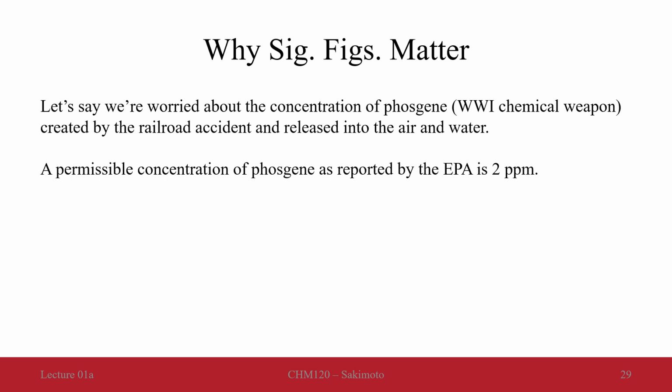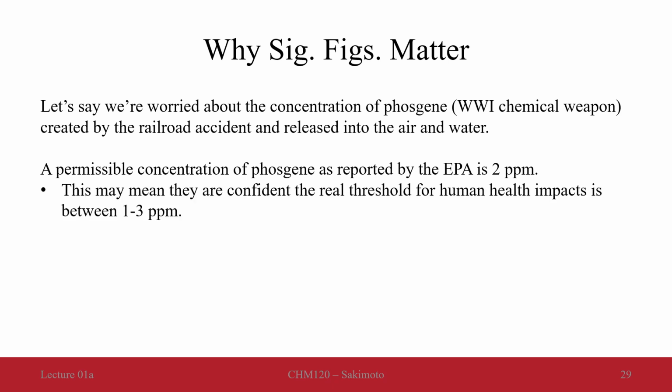So this represents 2 molecules, or 2 parts, of phosgene per million molecules of air, million parts. When the EPA says 2 ppm, you'll notice that this number has one significant figure, just a 2.